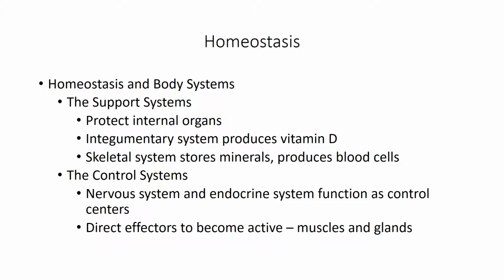And then finally, you have support systems like your skeletal system and integumentary system, to help us store minerals, produce blood cells and vitamin D, and protect our organs. And then the control systems, like your nervous system and your endocrine system, keep everything moving and help coordinate your other organ systems.